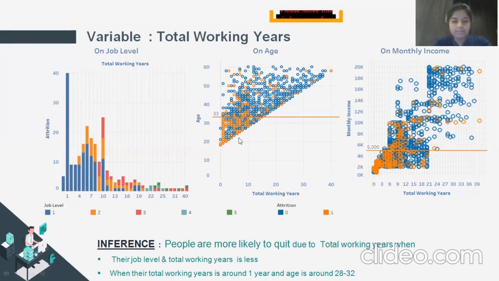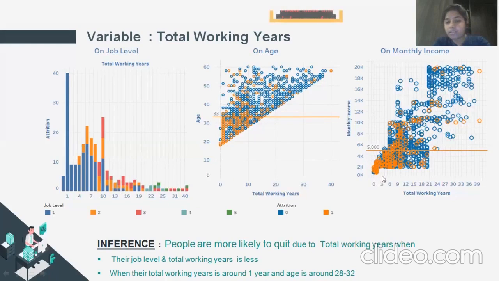On each year, we can also infer that the age of people who are quitting at 1 year of their total work experience is within the age group of 33 years. This may be because they are getting a lower monthly income, which is less than 5,000 for the year less than 1 year.